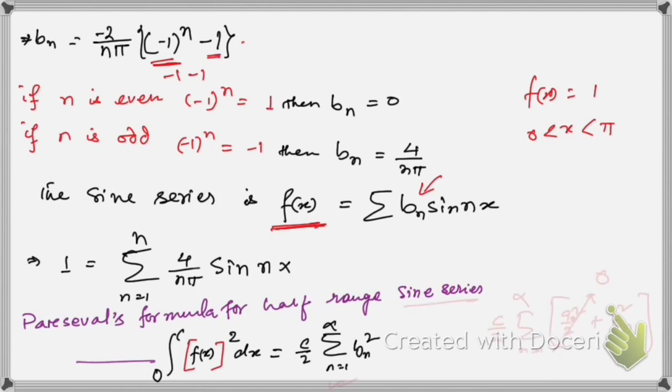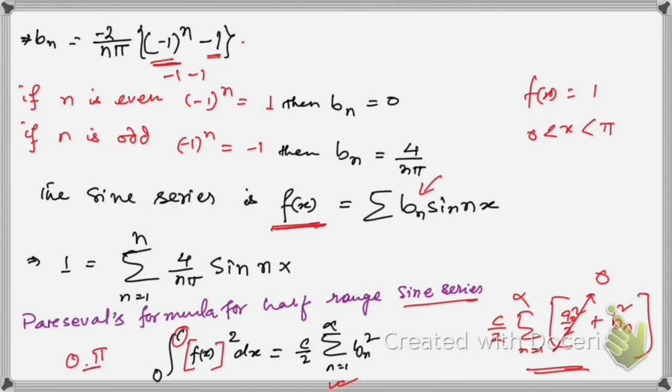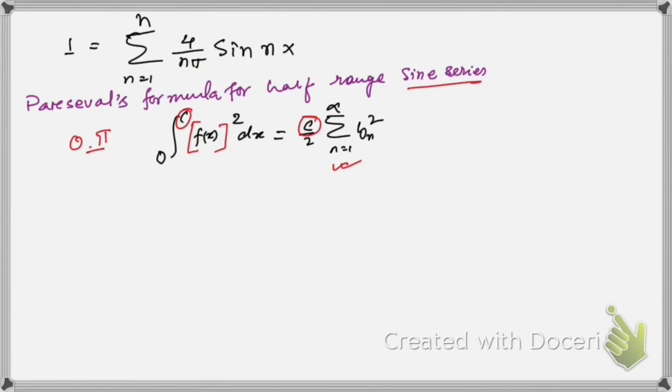Now let's proceed. Here you see our range is 0 to pi and not 0 to c, so we're going to replace this c by pi. Let's go to the next slide. Here, let us replace c by pi. Then what are we going to get?